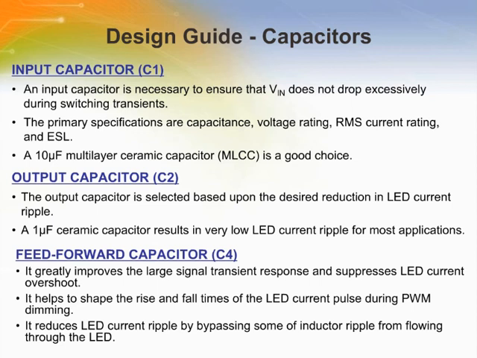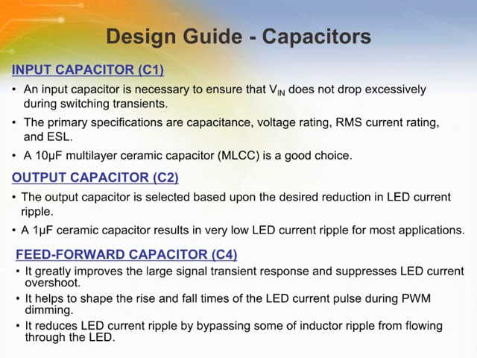Due to the high switching frequency, the 1 microfarad capacitor alone, without feed-forward capacitor C4, can filter more than 90% of the inductor ripple current for most applications where the sum of LED dynamic resistance and R1 is larger than 1 ohm.